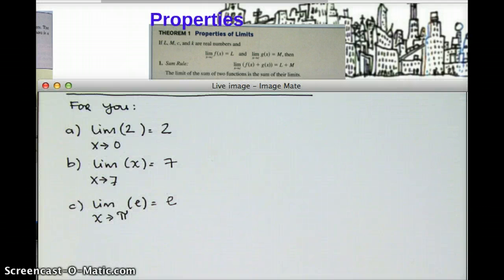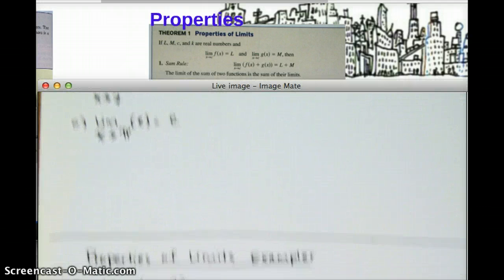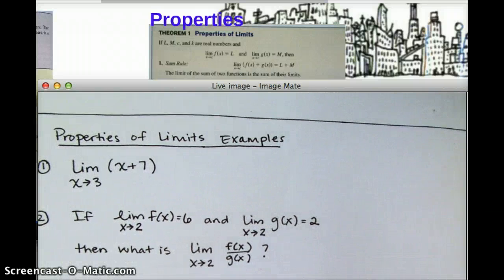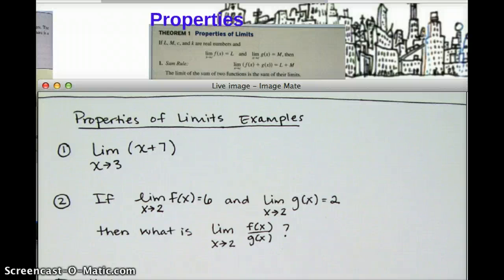Now that you have these examples down, let me give you a couple numerical examples that'll make those properties come to life a little bit better. So up here at the top, according to the two limits that we know so far, I know how to take the limit of x and I know how to take the limit of 7, but I wouldn't have known what to do with them together.